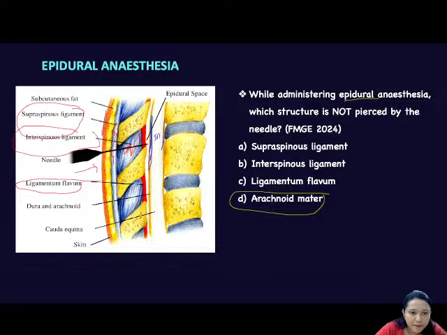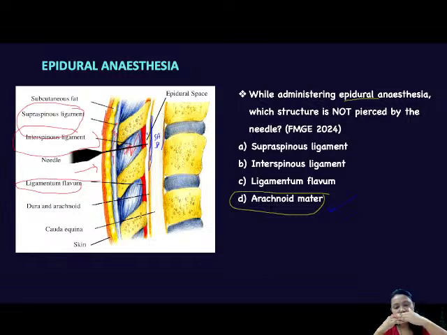This is the subarachnoid space. And then this is the epidural space. So the needle is not piercing the dura even. So how can it pierce the arachnoid mater? The answer here is arachnoid mater. Anything above the dura is the epidural space. So the needle will enter the epidural space. It is not piercing the dura, it is not piercing the arachnoid. So the answer will be the arachnoid mater.